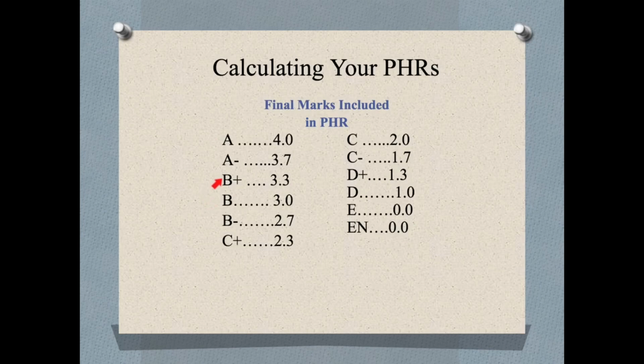So a B plus would add 0.3 points, and a minus would subtract 0.3 points. Also notice that there is no A plus grade at Ohio State, nor is there a D minus grade. E is a failing grade, and that is 0 points, and an EN is a failing grade for non-attendance, and that's also 0 points. So if you fail a course and stopped attending at some point in the semester, you would earn a final mark of an EN.